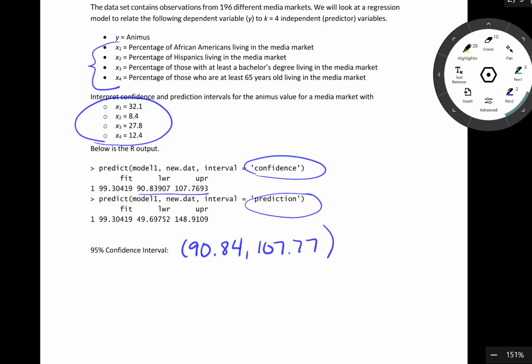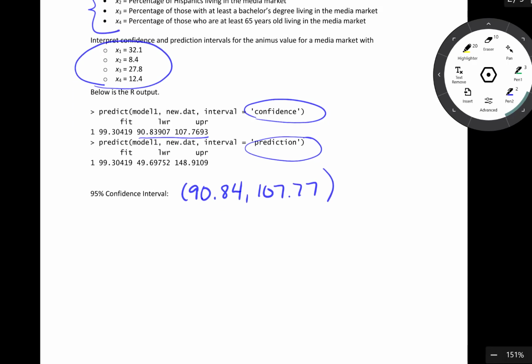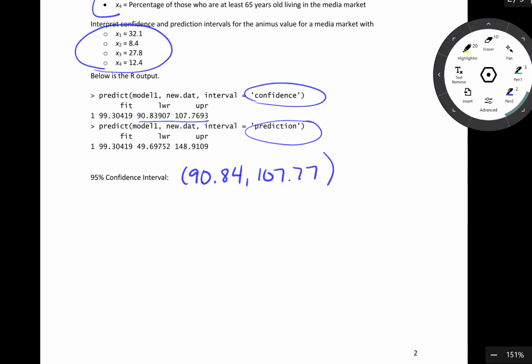All right, so there is our confidence interval. So let's interpret this one. Since it's a 95% confidence interval, we are going to say we are 95% confident. And since this is a confidence interval, or an estimation, we are looking at the mean animus score.